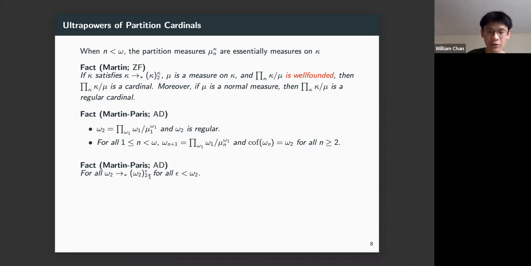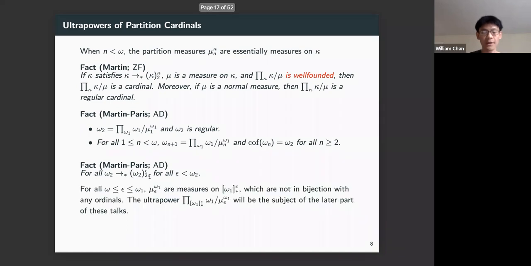Now, this handles the finite partition measures, but when you have epsilon strictly bigger than omega, the measures mu_epsilon are measures on omega_1 to the epsilon, and under AD, these sets are not well-orderable, right? So these partition measures are not measures on ordinals, so this result of Martin above doesn't apply.